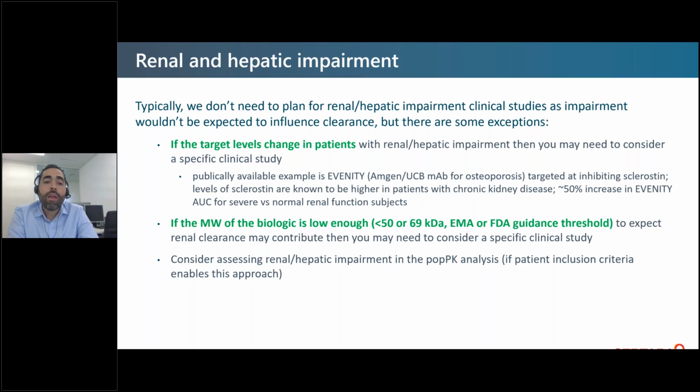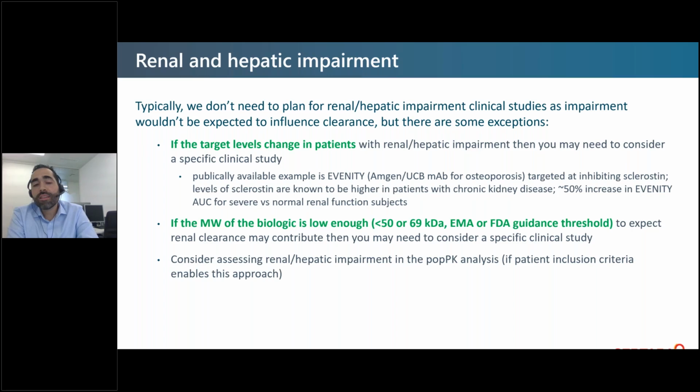In terms of renal excretion, we know that the cutoff for glomerular filtration is relatively low, between 50 and 69 kilodalton according to the guidance. However, for monoclonal antibodies, this is probably not relevant because the molecular weight is much higher.